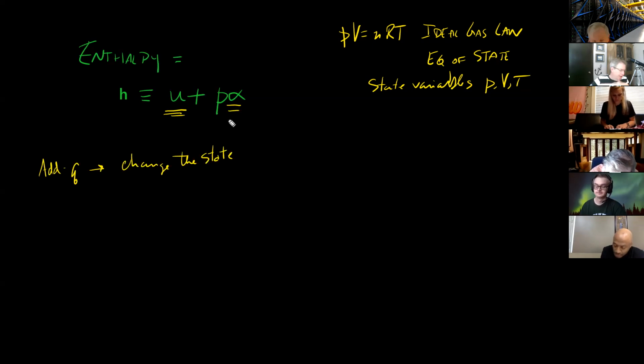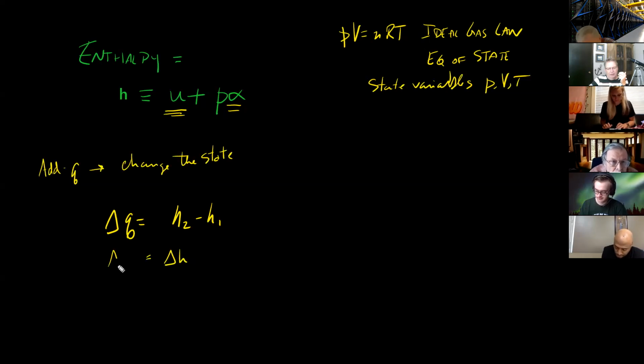I'm changing the state. So what we're saying is that the total heat that I give is really just the change in the state of the gas. They put it this way. And really, you could make this delta H, whatever you want to do, right? Because that's what it is. You're saying if I add some quantity of heat, I'm going to cause the gas to change its state by some state change. And that state change is called enthalpy.